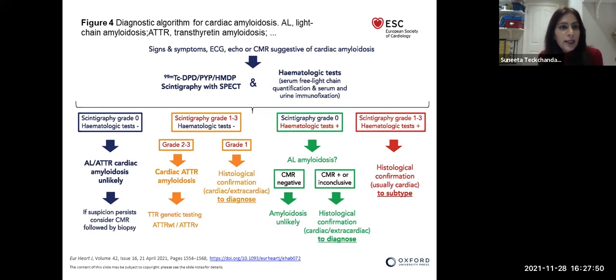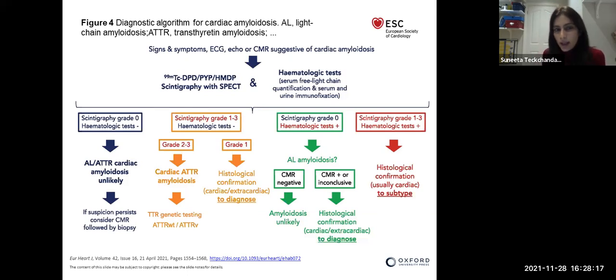So with scintigraphy grade 0, you've more or less ruled out any type of amyloidosis, AL or ATTR. For grades 1 to 3, where grade 2 and 3 with negative hematological tests, yes, you would call this cardiac ATTR. You can do further genetic testing to differentiate the wild type from the hereditary type.